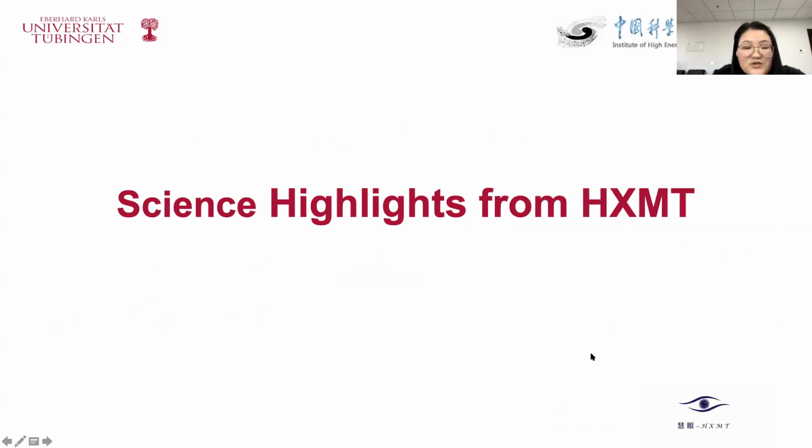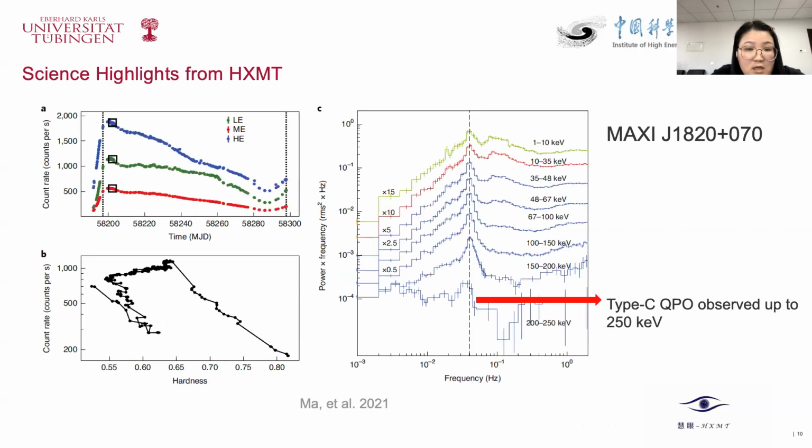Okay. So the following section will be the science highlights from HXMT in the view of timing analysis. The first source, MAXI J1820+070. This source is by far one of the brightest X-ray sources that have been observed by X-ray telescopes.